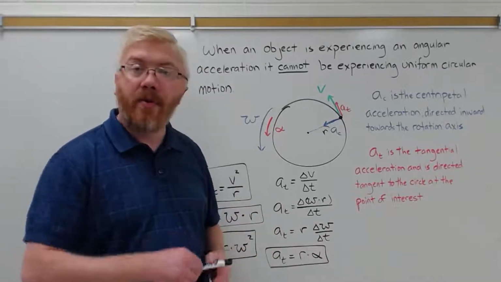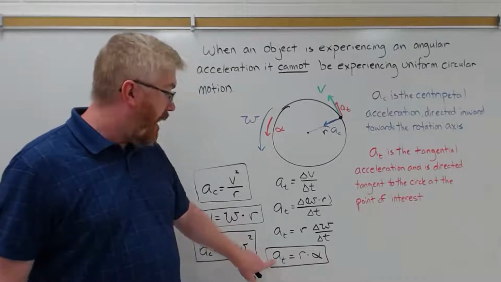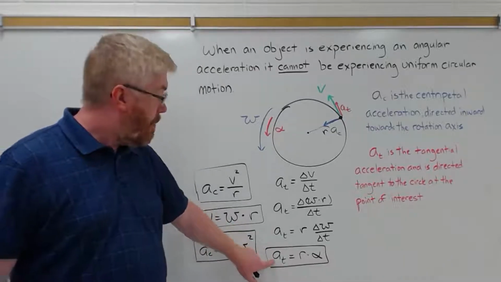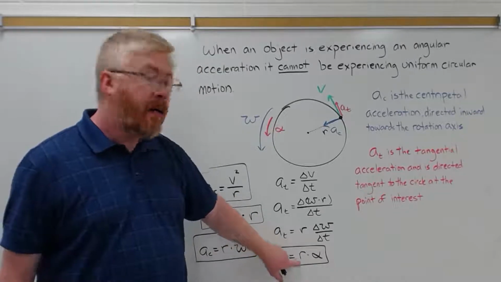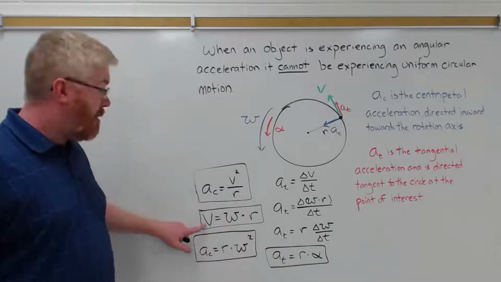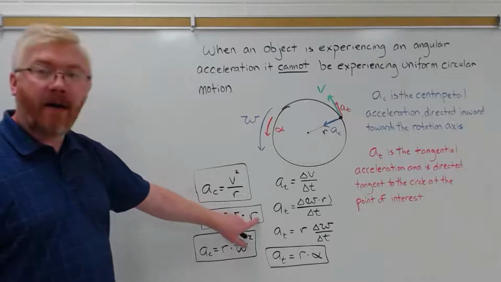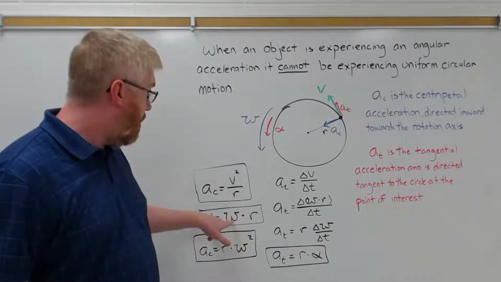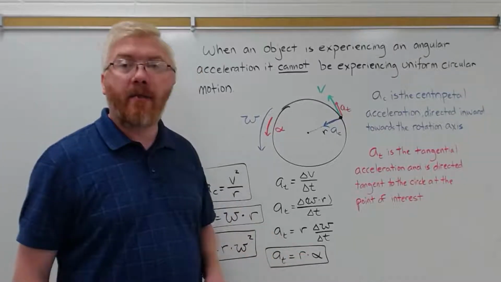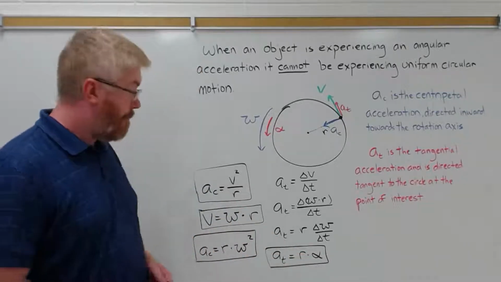We learned about that earlier in this video. So the tangential acceleration depends on the angular acceleration times r, just like the tangential speed depends on the angular speed times r. So you see that there's an r relationship between these two types of acceleration and these two types of speed.